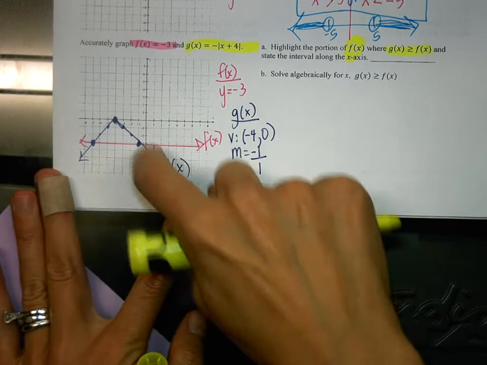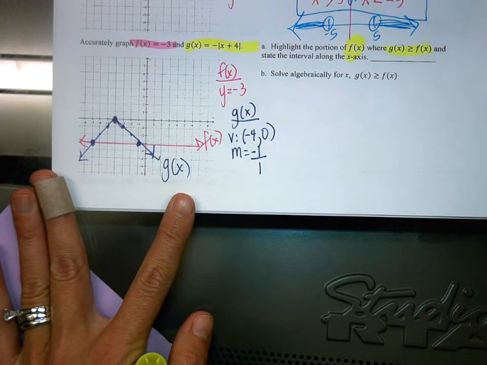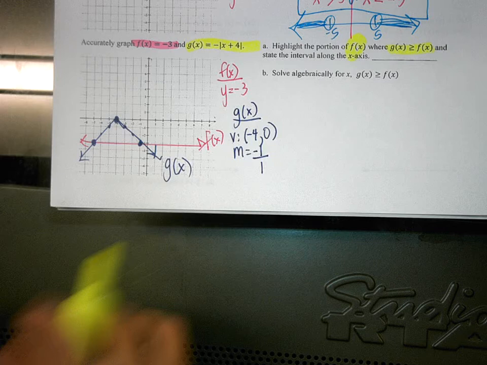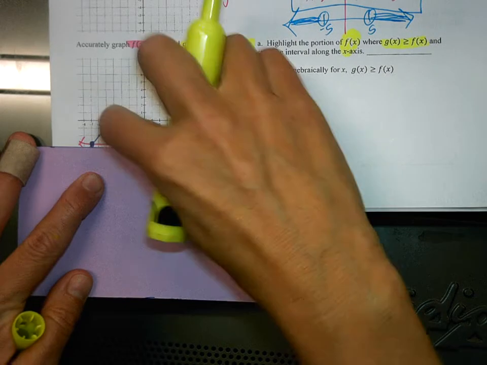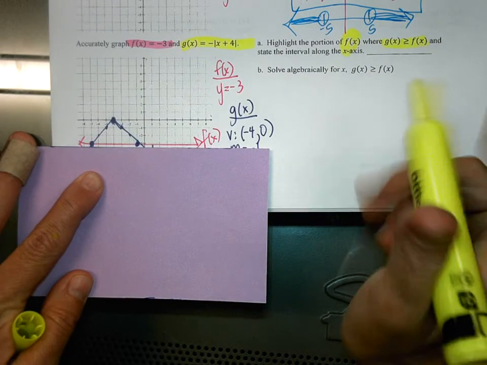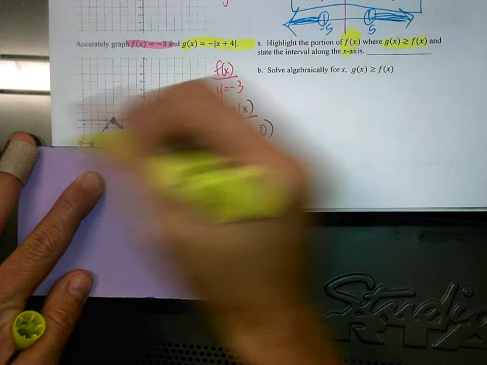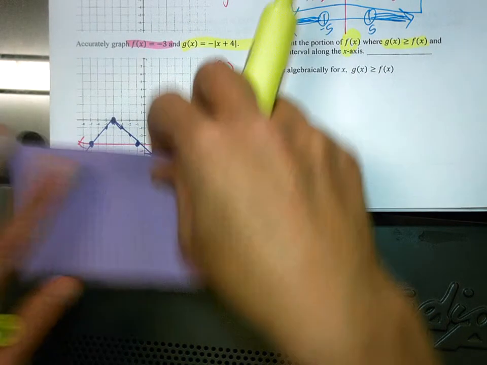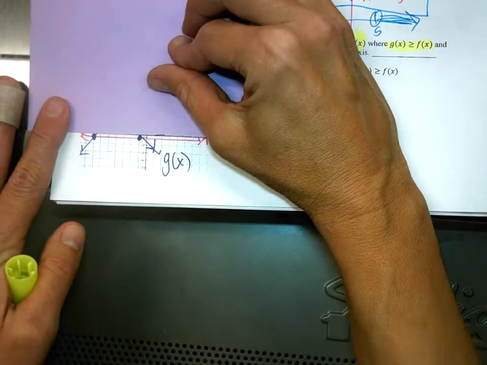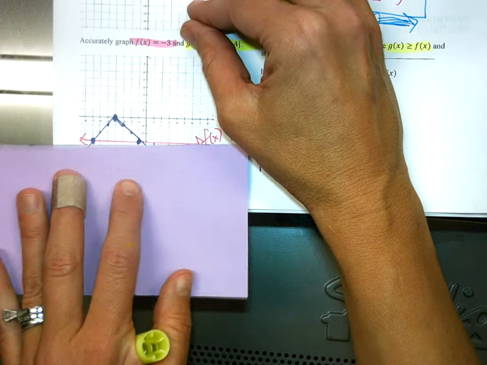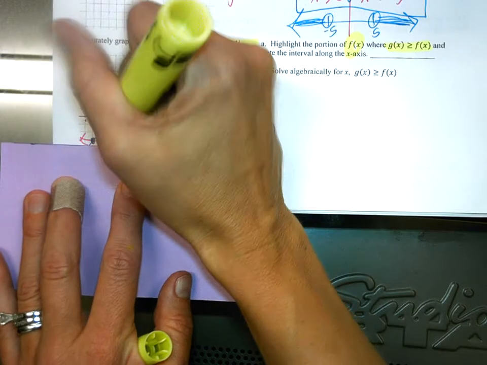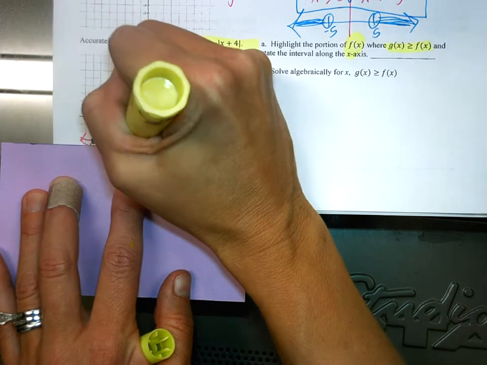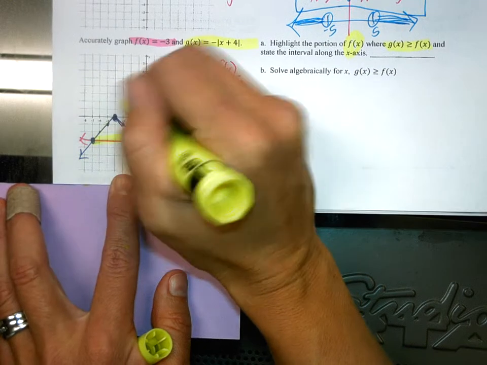So this is g of x, correct? Looking at this line, do you see this is where it's above? So when it's saying greater, you're trying to find the portion that's above the line. When it's saying less than, you're trying to find the portion that's below. So on this one, you would highlight right here. This is where g of x is above that line.